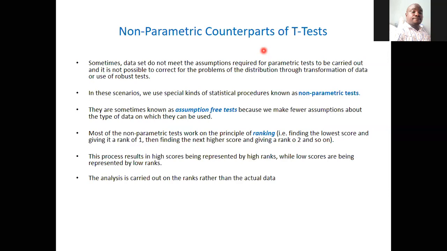So rather than using the values as in parametric tests for comparing means, where you calculate the mean. In an independent t-test, you calculate the means of the two groups, subtract one from the other, and divide by the standard error.